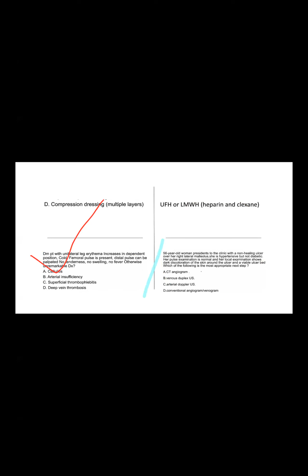What is your answer? Venous duplex ultrasound. I am thinking the first one. Okay, thank you. No issue. This question was already discussed with Dr. Monia, that's why I omitted it. Your answer is venous duplex. The answer is correct. So the first question will be discussed with me, Dr.